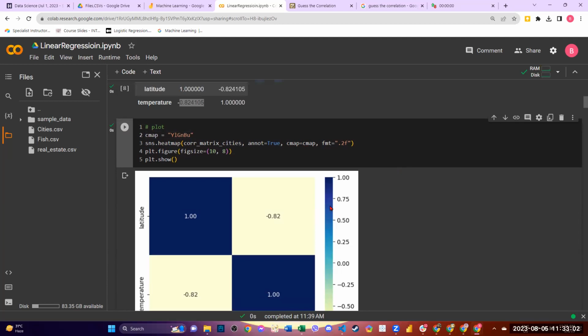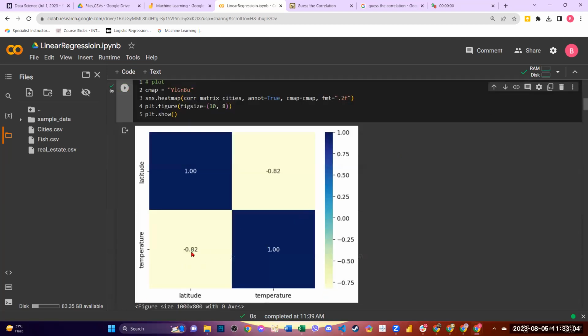Okay, so this is our visualization. So which means that it's negative because it's white. It's positive if it is blue. So we disregard the ones because that is pertaining to itself.